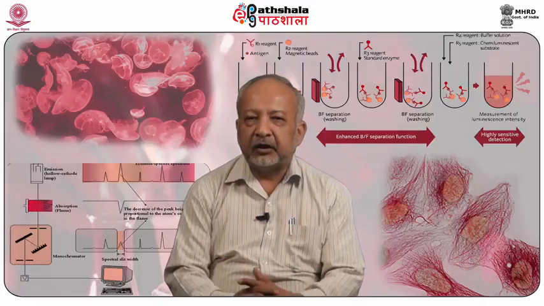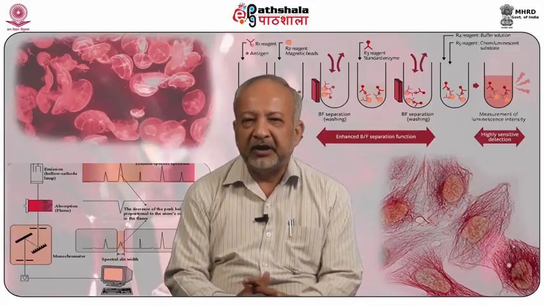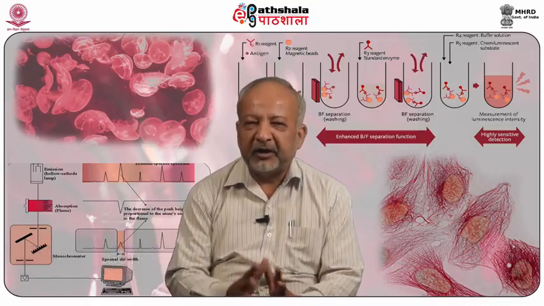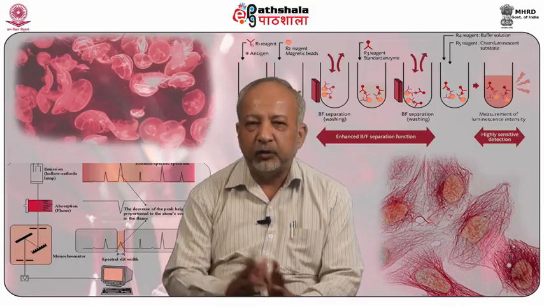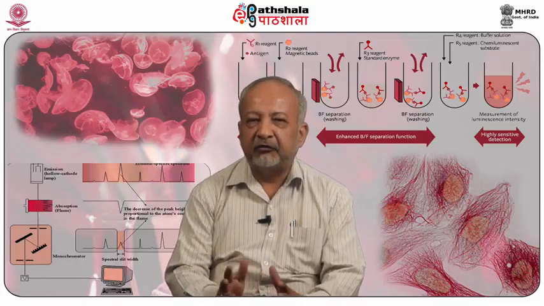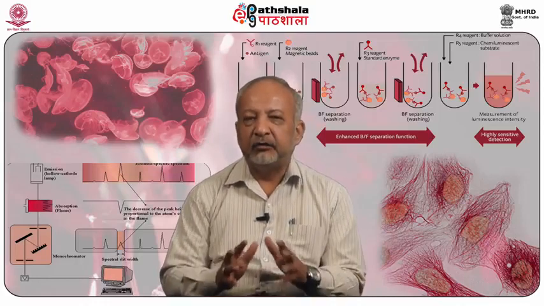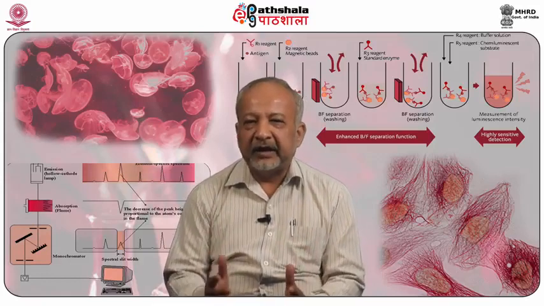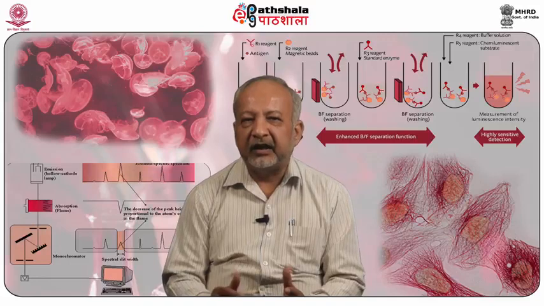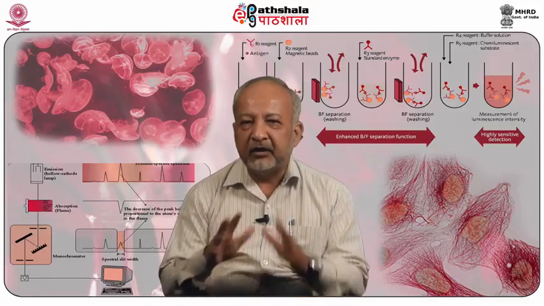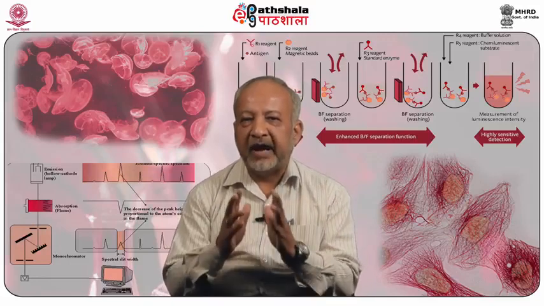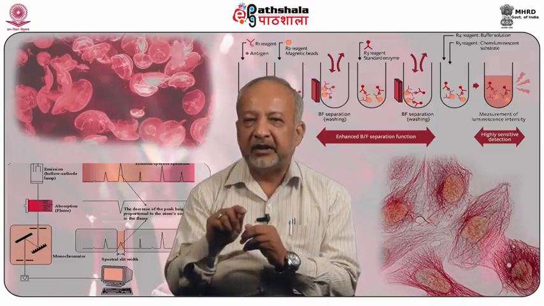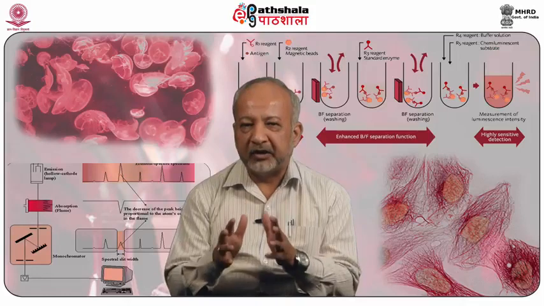The next ionization technology available in mass spectrometry is electrospray ionization. Actually, the development of this technology has revolutionized the application of mass spectrometry, particularly to biological or biomedical mass spectrometry. ESI is a technique which involves spraying a solution of the sample through a highly charged needle called the ESI capillary, which is at atmospheric pressure.